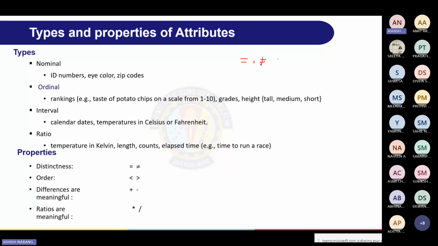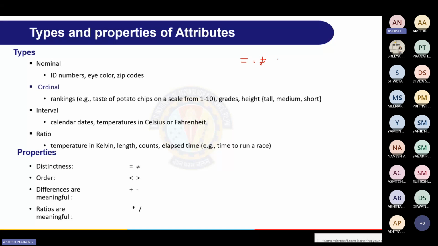For example, your grades, right? You got grades A, A minus, B, B minus, C, C minus, D, and E, right? These are the grades that you typically get. But they have an order. A is the highest grade, then A minus, then B minus, and then C minus, and D. Right? They have a certain order.